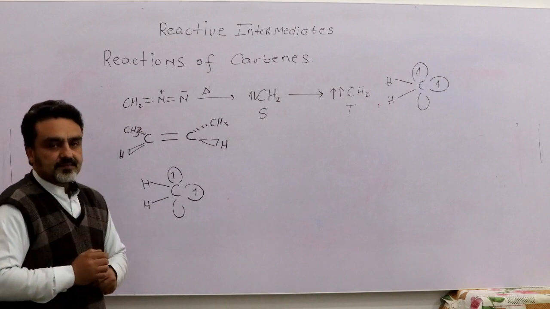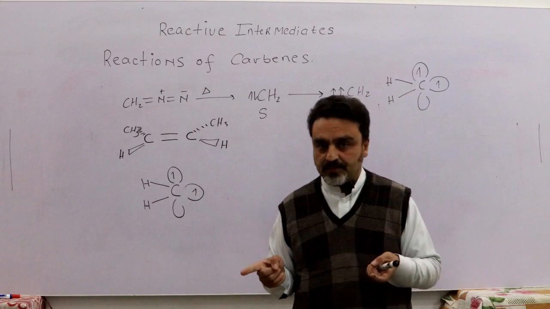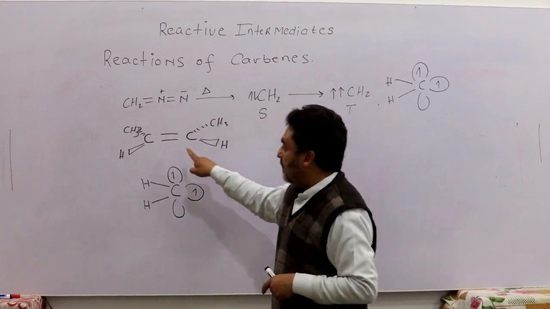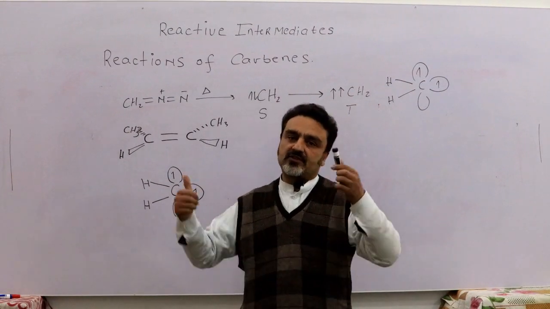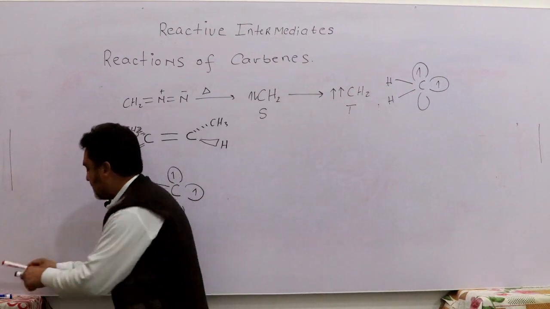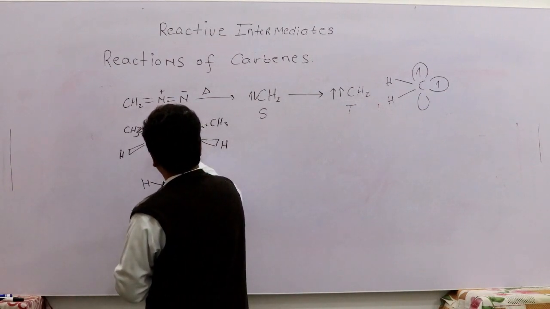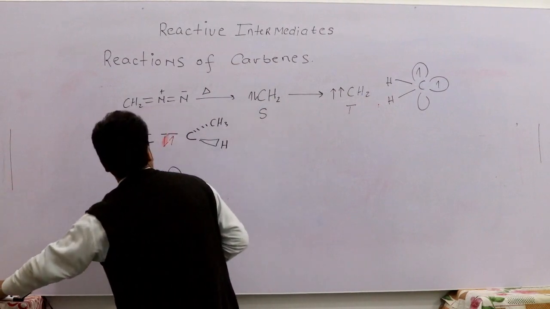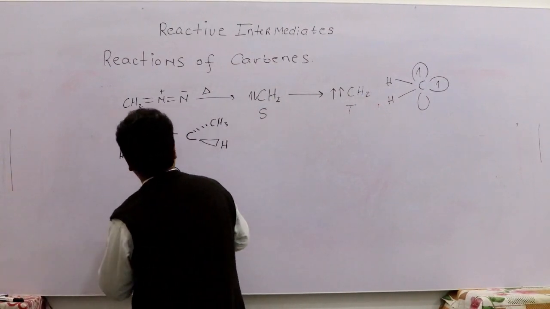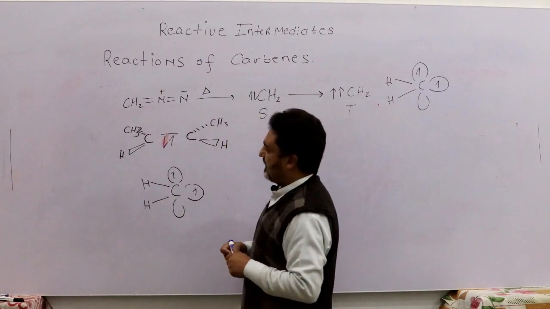It is in the triplet state, so both the electrons have the same spin, but they are in separate orbitals. But what about this bond? As you know, in each and every covalent bond the electrons are spin paired, so I have to write it in a paired fashion, like this one. Now these are in a paired fashion. Let me bold it so that it is clearly visible to you.